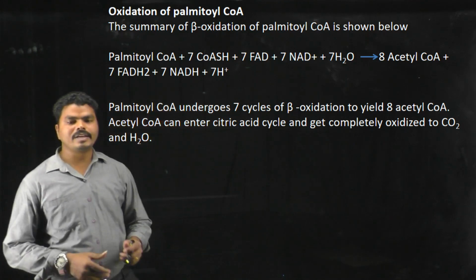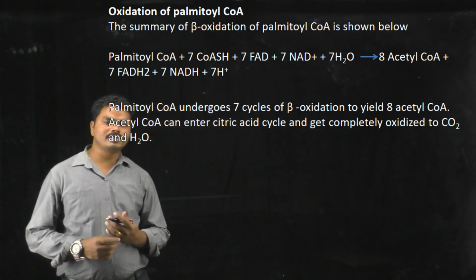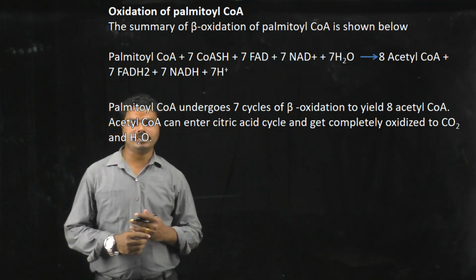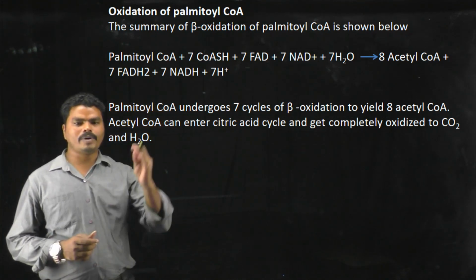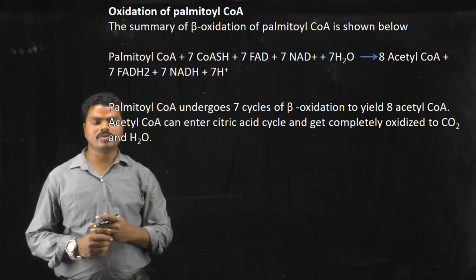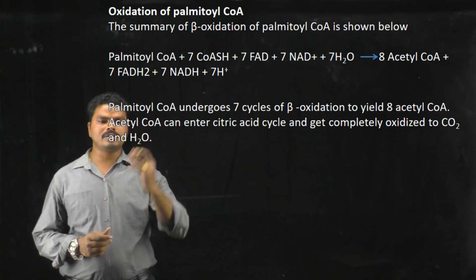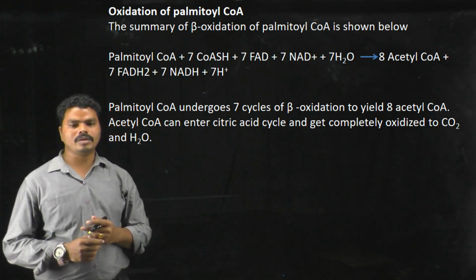After the acyl CoA enters the mitochondrial matrix, it can be subjected to the beta oxidation process. Here we can see palmitoyl CoA, one of the fatty acids.